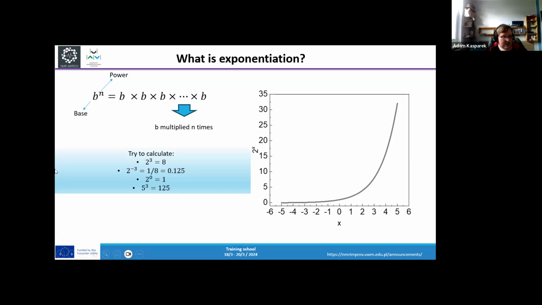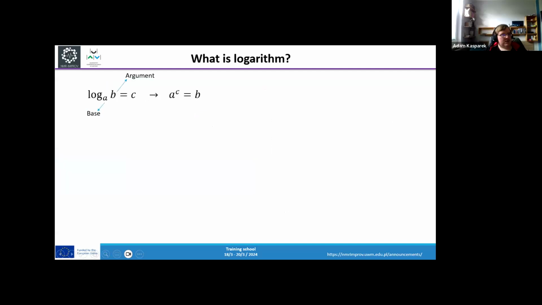Okay, so this was exponential. Now, the second part, which is logarithm. From my experience, the exponential is for most people very easy to understand, but for some reason many have problems with logarithms.